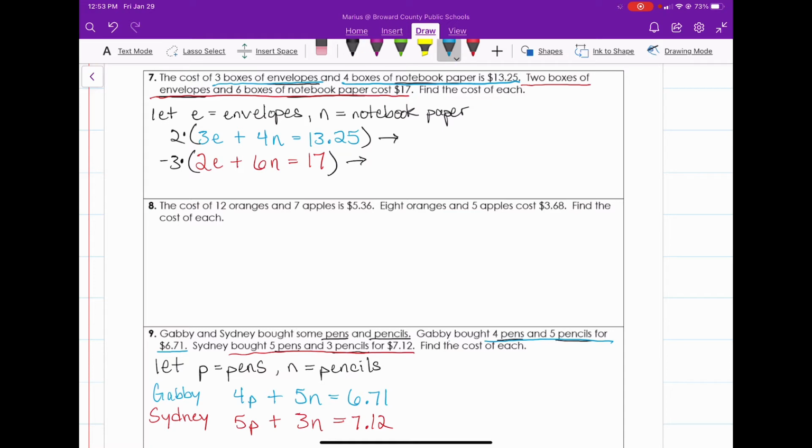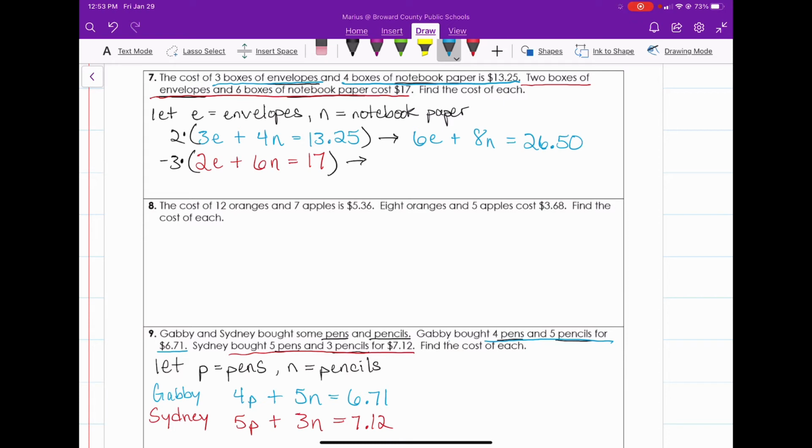So my first equation is going to now be positive 6e plus 8n equals 26.50.